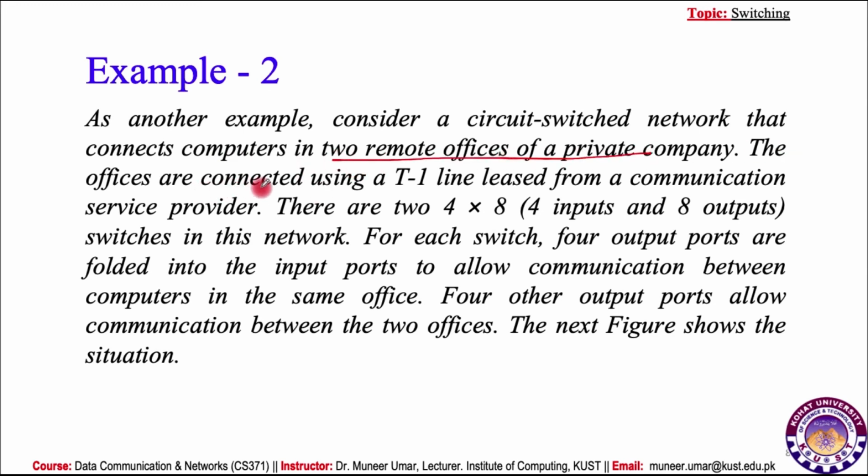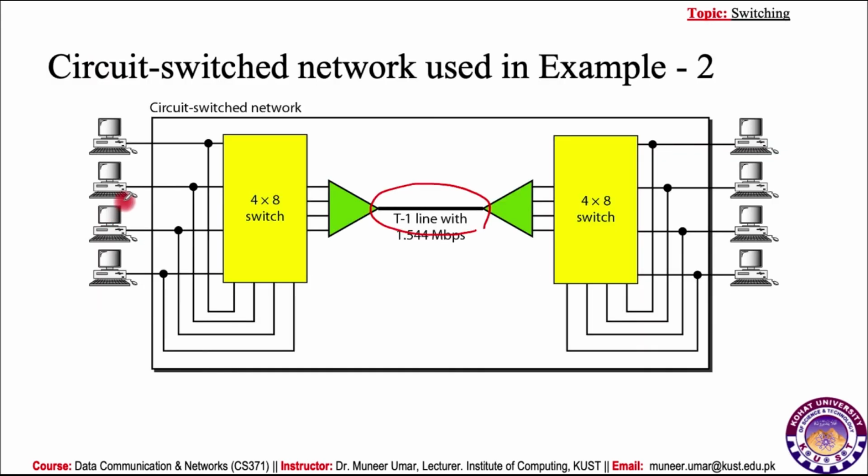The offices are connected using a T1 line leased from a communication service provider. So 2 offices, office number 1 and office number 2. In between we have a T1 line having 1.544 Mbps, and these 2 offices are now communicating with each other. In each office there are 4 computers.